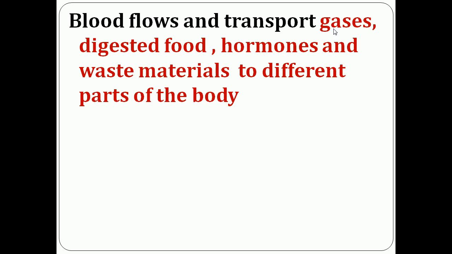In the same way, it takes out carbon dioxide and releases it to the lungs. Digested food is transported to all parts of the body by the blood. It also carries hormones to different parts, and carries waste material from the cells to the excretory organs. So this is the function of blood.